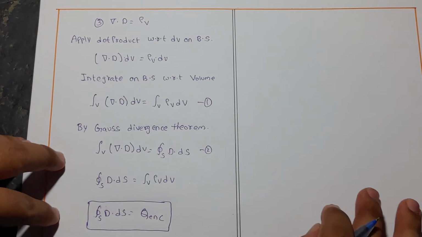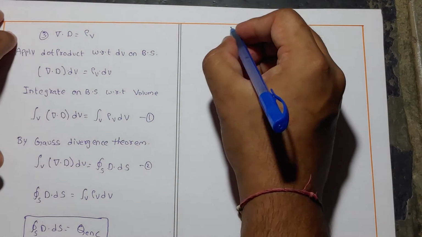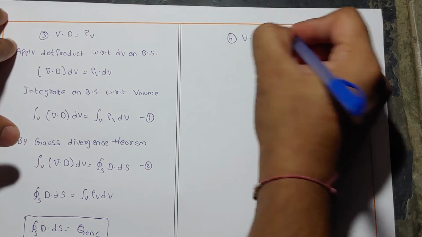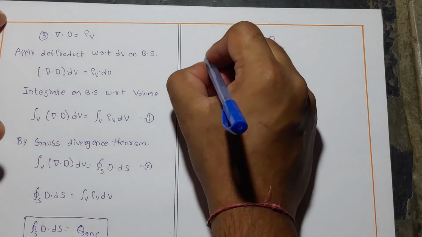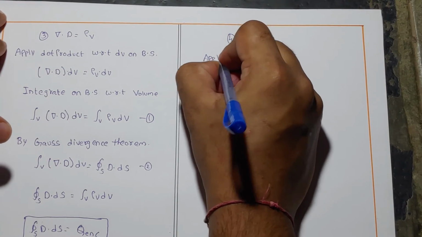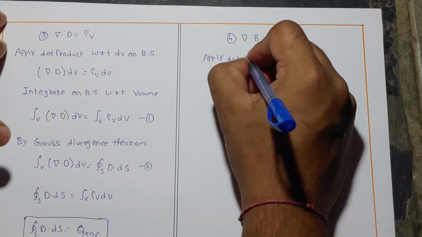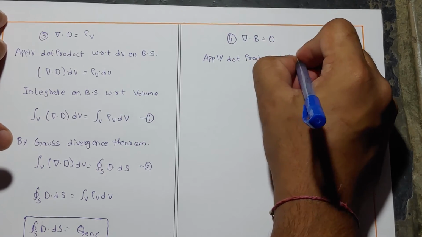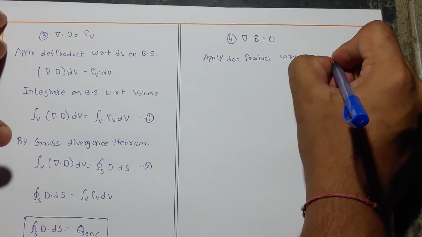Let us solve for the Maxwell fourth equation. That is, del dot B is equal to 0. In the same way, apply dot product with respect to dv on both sides.